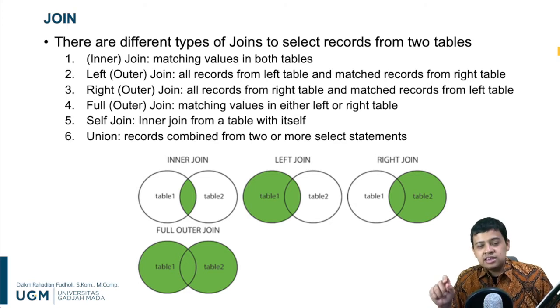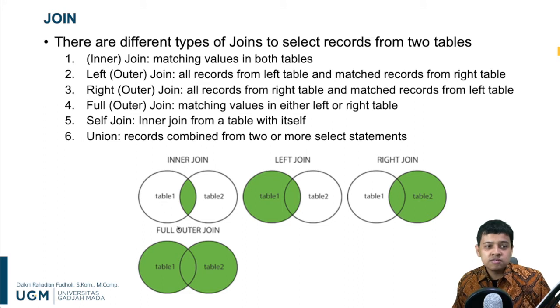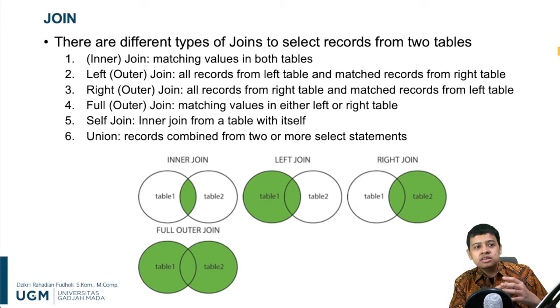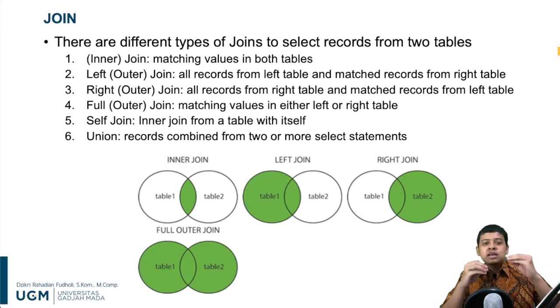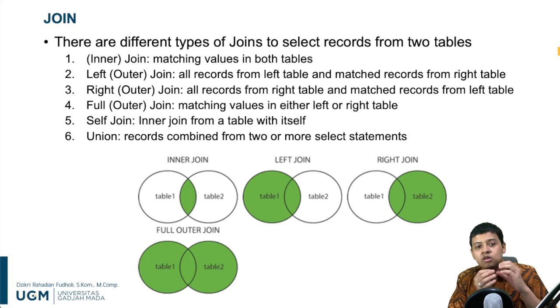Now on the other side of the coin, we have the full outer join, right here at the bottom. Rather than just outputting the matching values from both tables, for the full outer join we do have matching values, but the ones that didn't match will also be outputted.